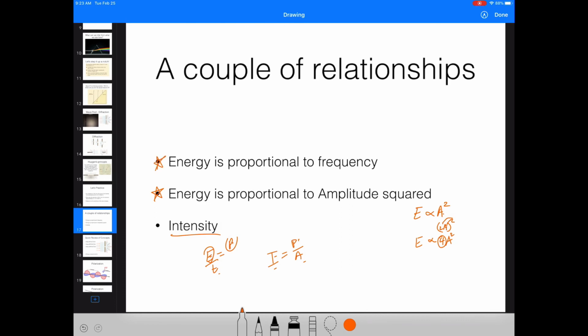Another relationship is that energy is proportional to frequency. Now this you should already know. We've talked a little bit about waves and frequencies, but you know that X-rays are much more dangerous than visible light, right? You don't walk outside nervous that your hair is going to fall out, because visible light is much lower energy.